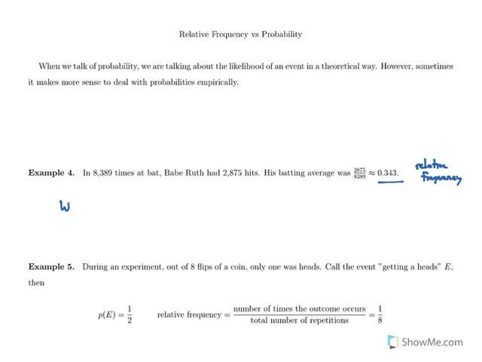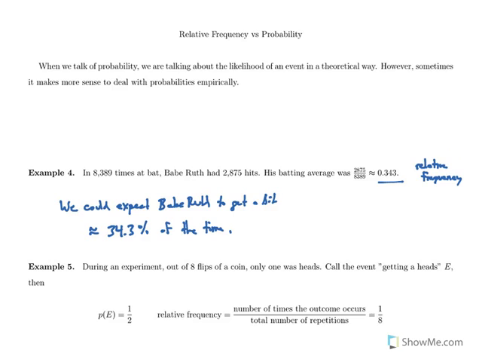Right, and we could say that we could expect Babe Ruth to get a hit about 34.3% of the time. That's how we could look at that relative frequency in real life terms.